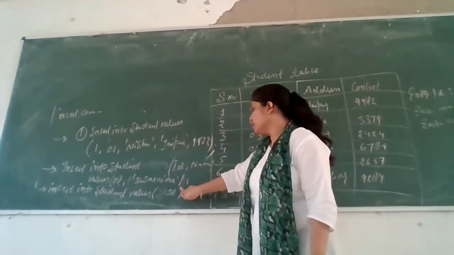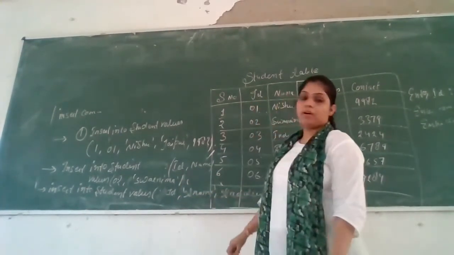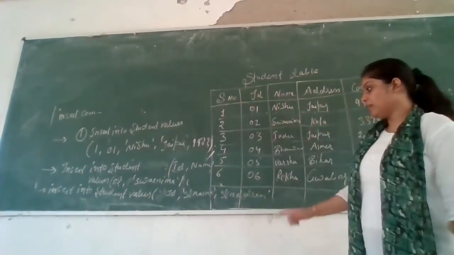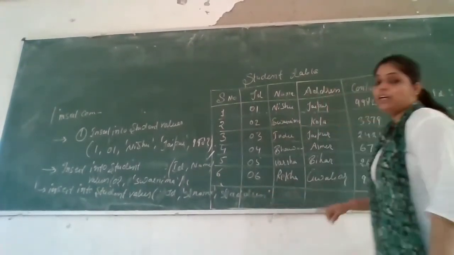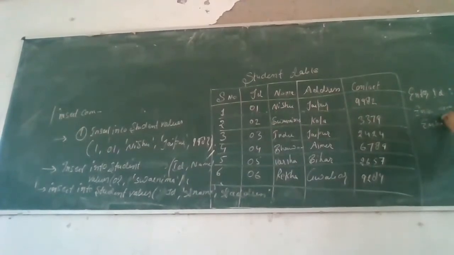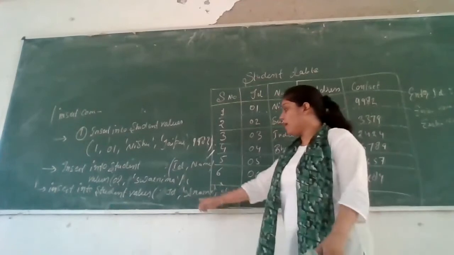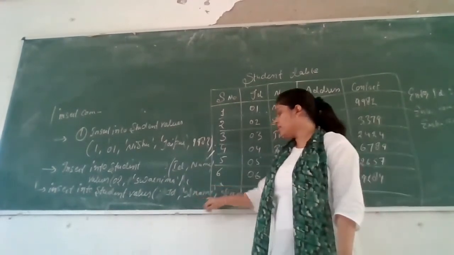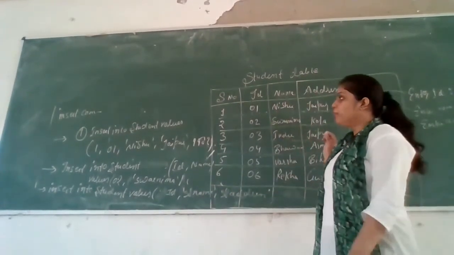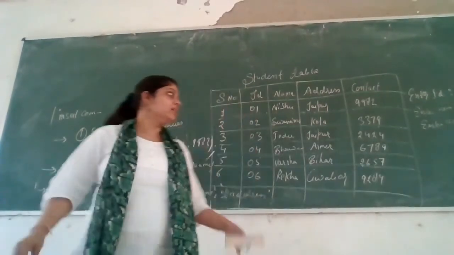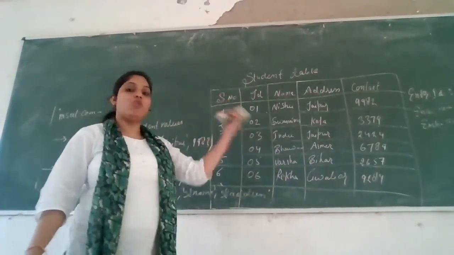If you are using single quotes before ampersand name and ampersand address, then no need to add single quotes in the output. But if you didn't apply any single quotes in the name and the address, you have to join single quotes in the output.